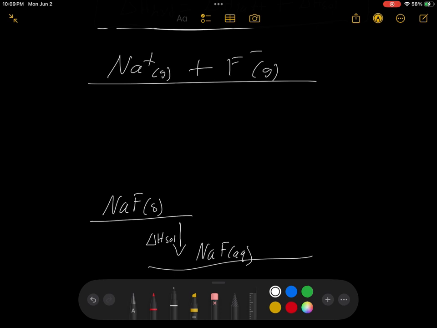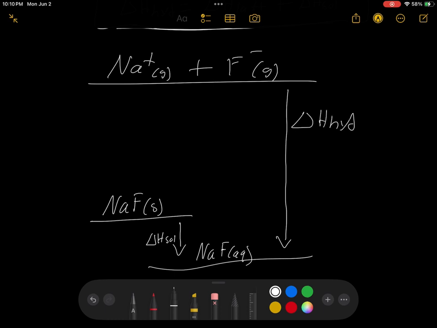Well, I know delta H hydration is gaseous to aqueous, so that's going to be going down this way. To understand this, you wouldn't write this as just delta H hydration.